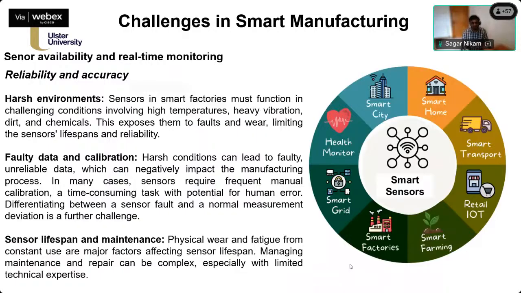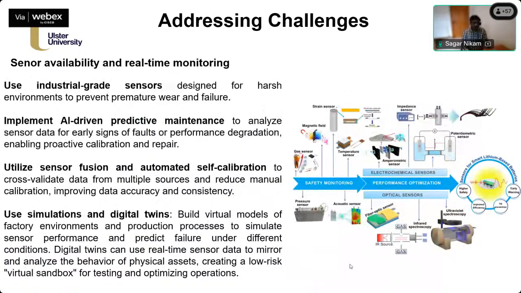When it comes to maintenance of the sensor, large scale industries can go for it, but small and medium scale industries have a very rare chance of implementing these sensors themselves. So to address the challenges related to sensor availability and real-time monitoring, we need to develop sensors that are industry grade.